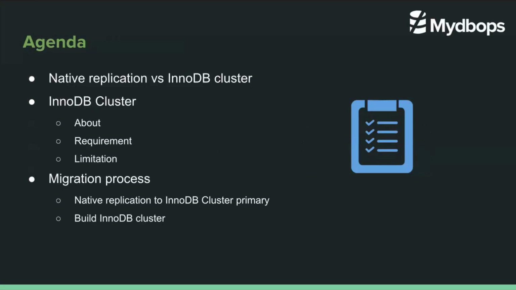What is the requirement if we need to move from native source-replica replication to the InnoDB cluster? What pre-requirements do you need to check, what limitations does it have, and how can we safely migrate the data from the source-replica concept to the InnoDB cluster? All these details we will get to know from this video.